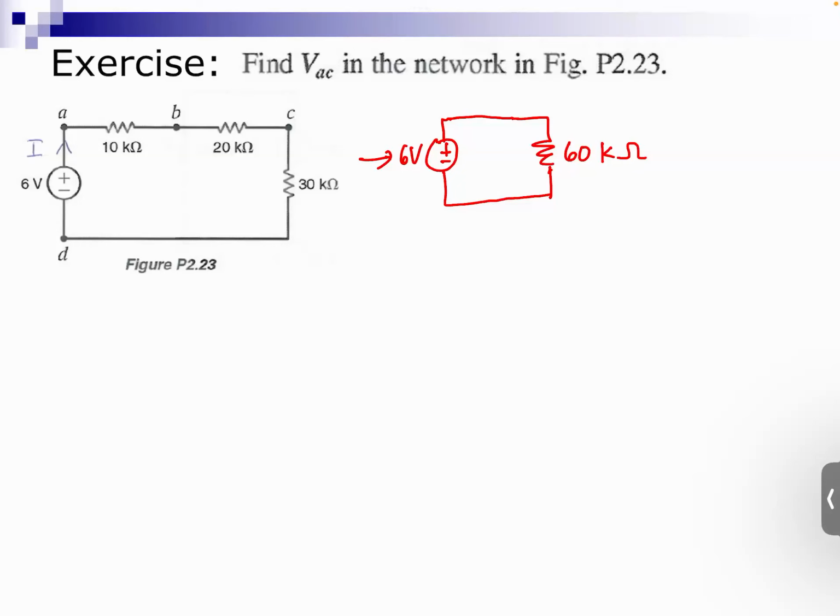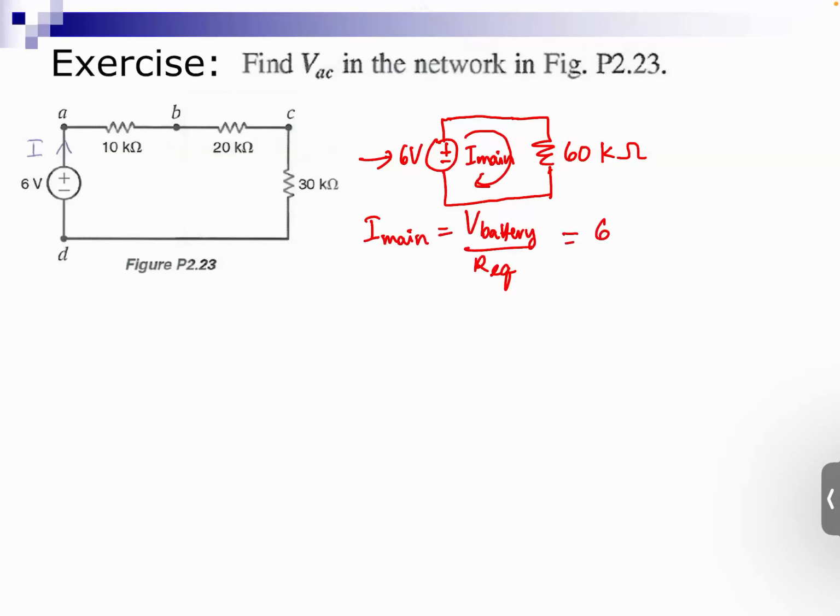of equivalent resistance. That then allows you to calculate the main current through your circuit provided by the battery. Main current will be the voltage provided by the battery divided by the equivalent resistance.